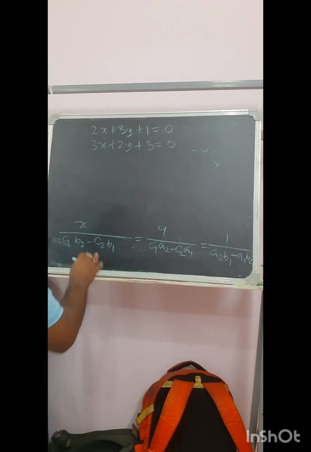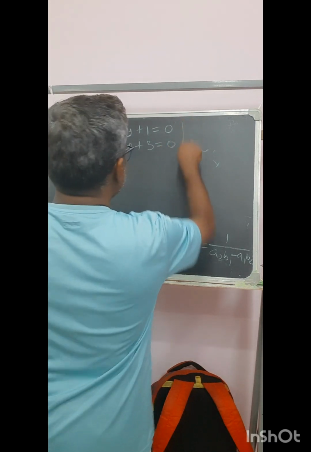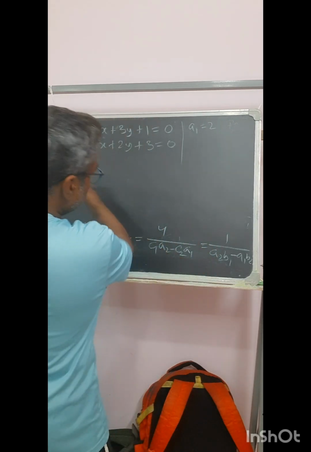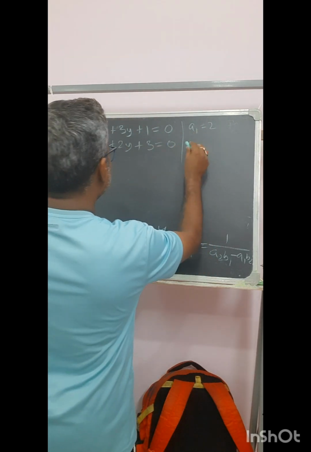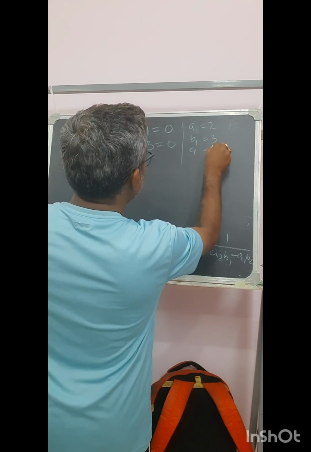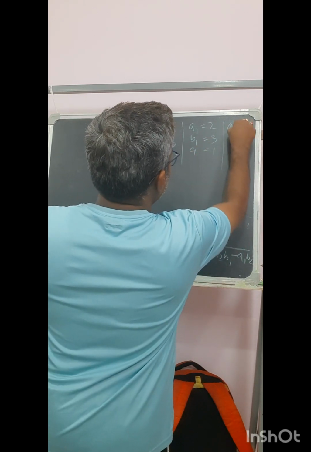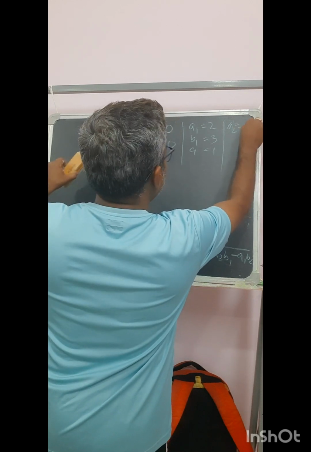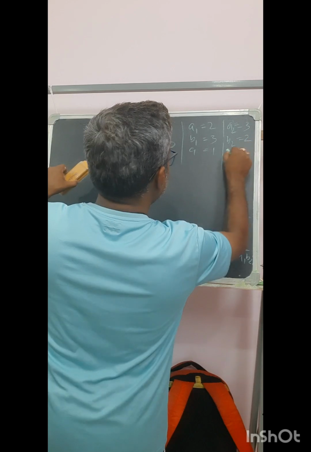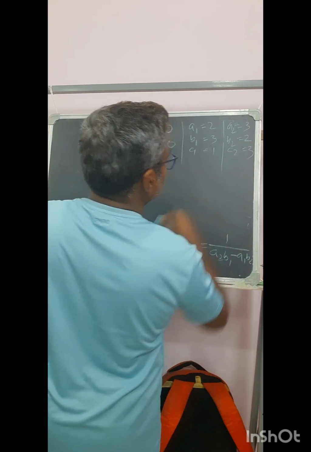Now you can see from this that a1 value is 2, because that was in plus form, this is also plus form, b1 is 3 and c1 is equal to 1, a2 is equal to 3, b2 equal to 2 and c2 is equal to 3.